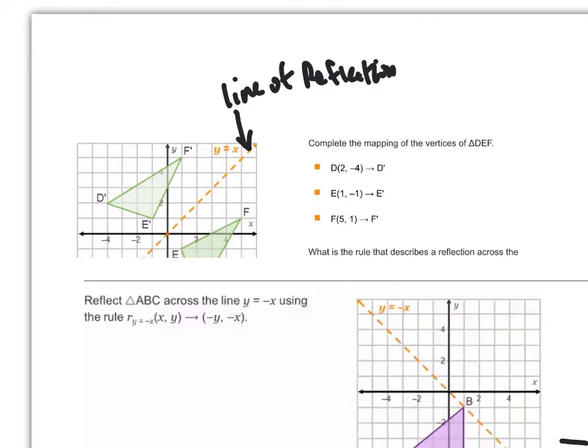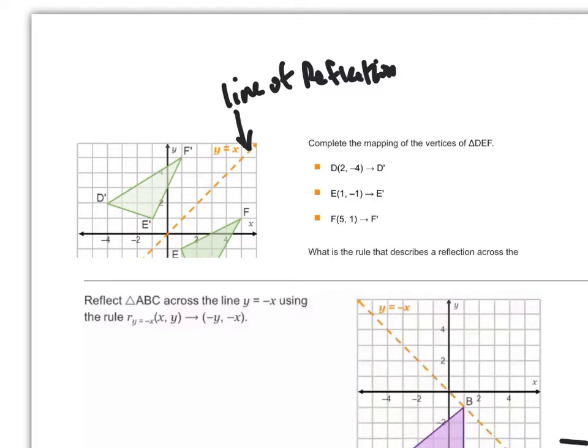And instead of a horizontal line or a vertical line, we're doing a diagonal line here. What you can notice is that it has a slope of 1, y-intercept of 0. That's that line y equals x, okay? And so we describe that. And so what it wants us to do, it wants us to take the pre-image and map it onto the image and then come up with a rule, okay?